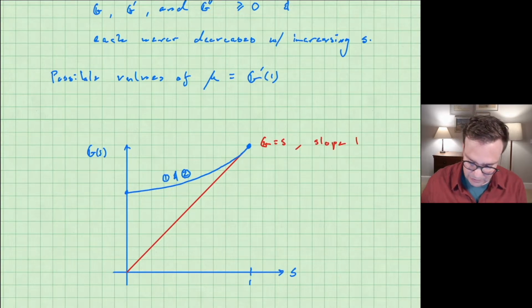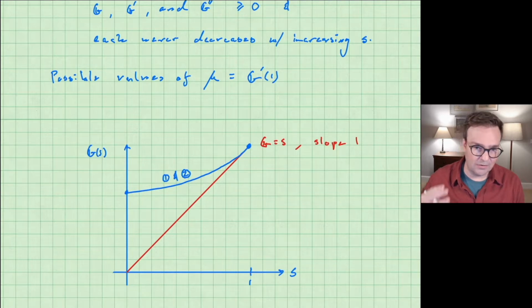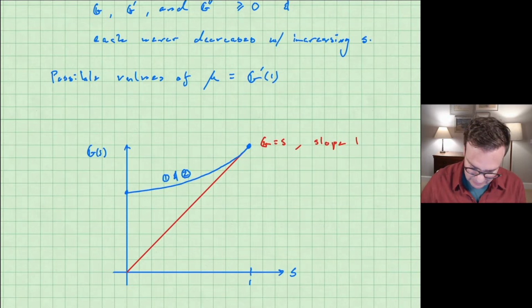But now suppose you did leave headed towards the left with a slope bigger than 1, something kind of like this.